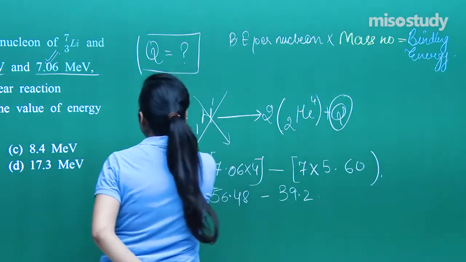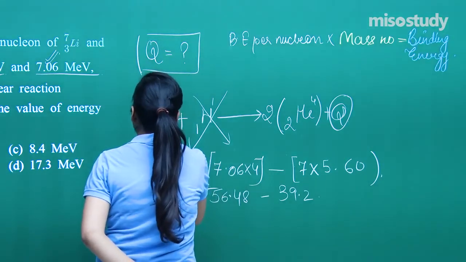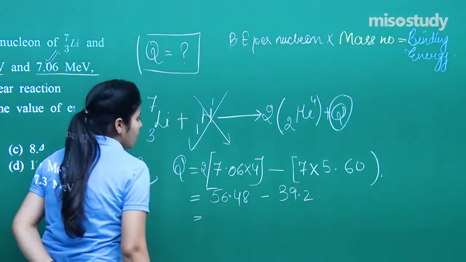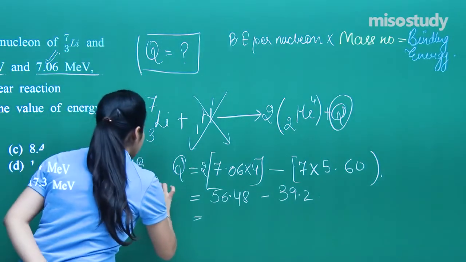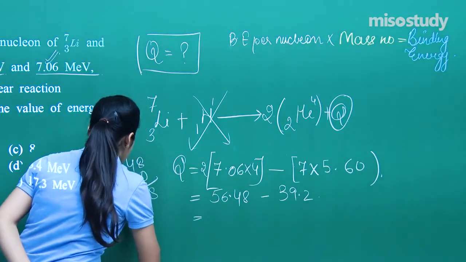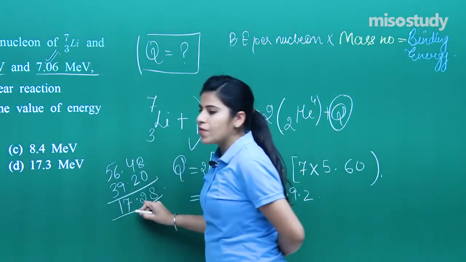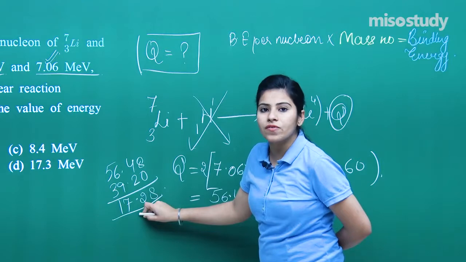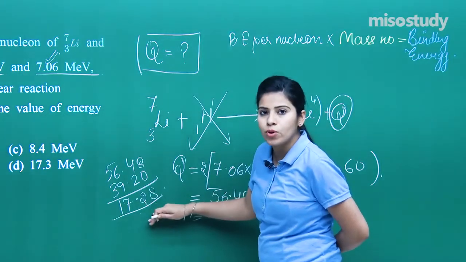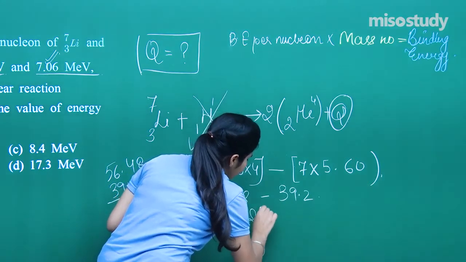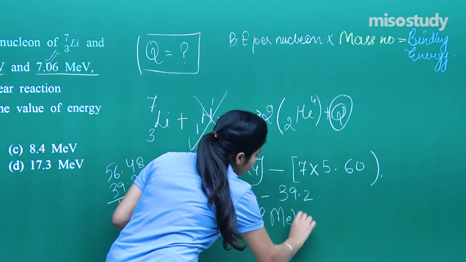So let us just solve it here. If you solve it, you will see that this value has come out to be in the range of 17.28. So let me just write over here 17.28 mega electron volt.